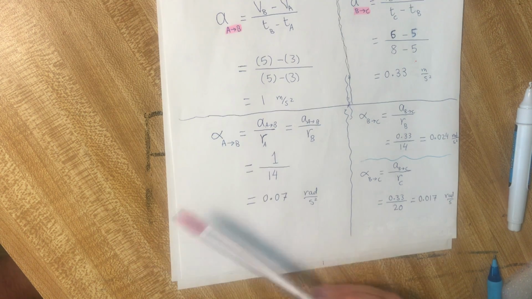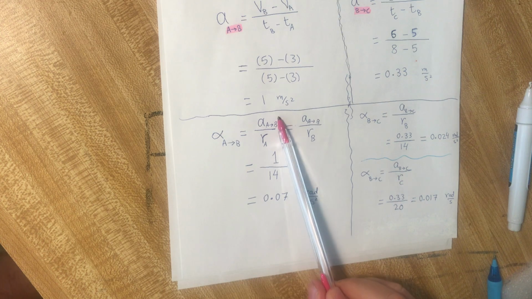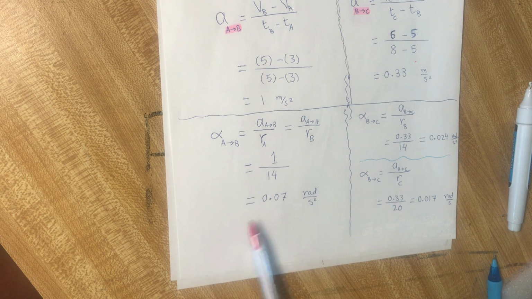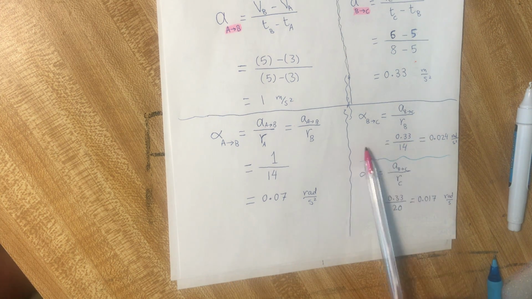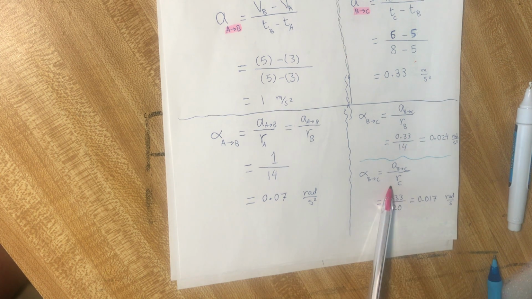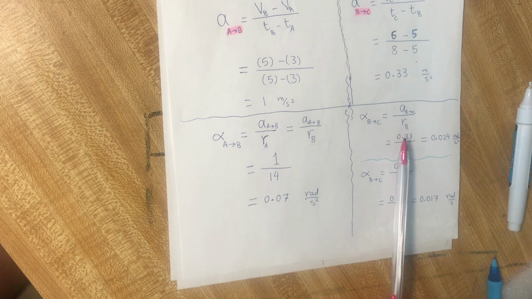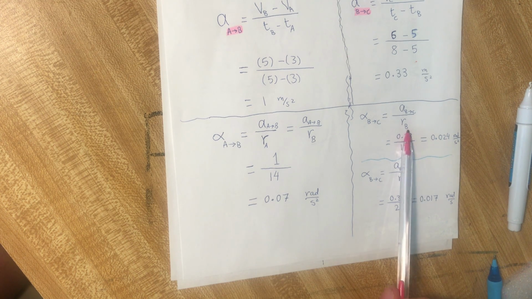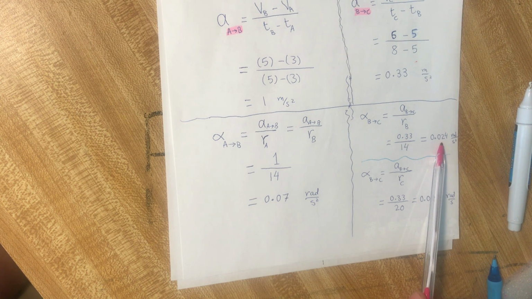And the angular acceleration is the acceleration divided by r. This is the value at A. But look here. We have a radius at B and a radius at C. The angular acceleration when the car is at B is this value.